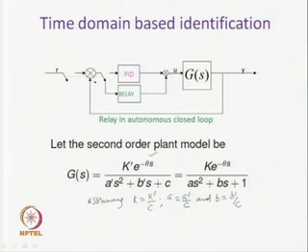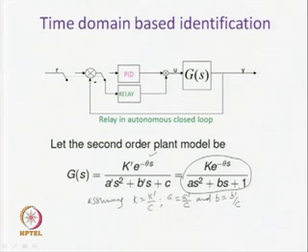Why do we express the transfer function model in this form? Because earlier we have found the transfer function models in this typical form. That is why allow me to express the transfer function model in this form, where the last term of the denominator is 1.